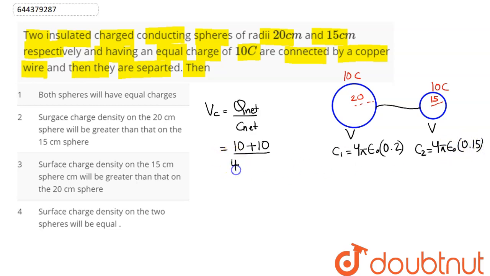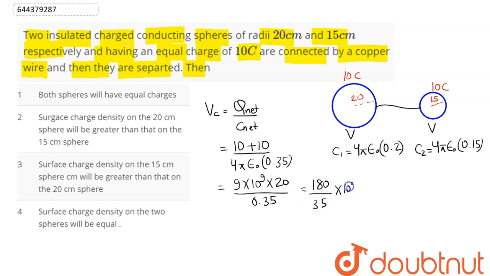So C1 plus C2 gives us 4 pi epsilon naught into (0.2 plus 0.15), which is 0.35. So this comes as 9 into 10 power 9 into (10 plus 10, which is 20), divided by 0.35 in the denominator. This comes out to be 180 divided by 35 into 10 power 11 volt.